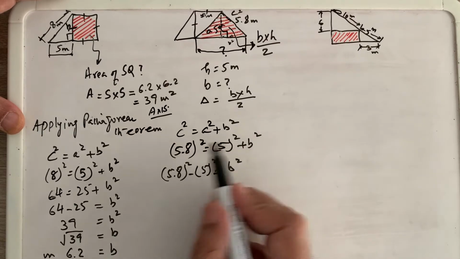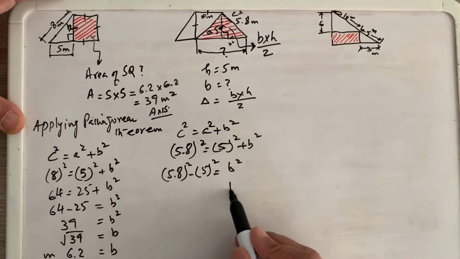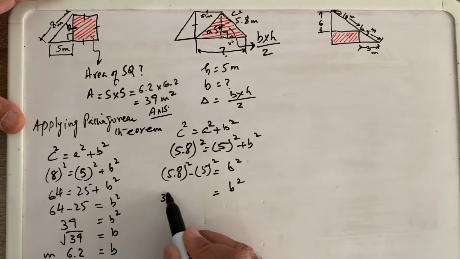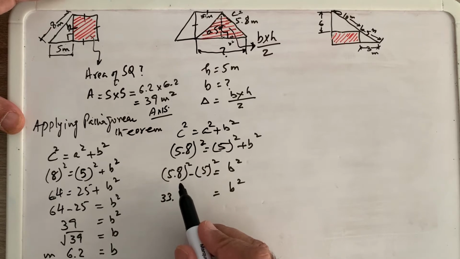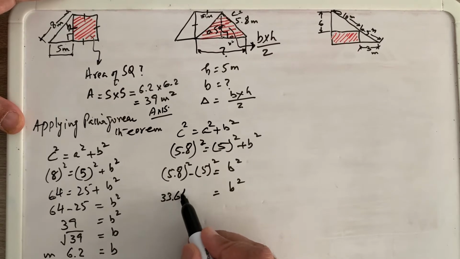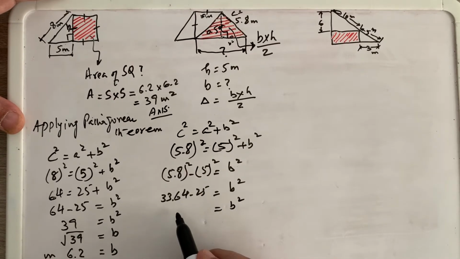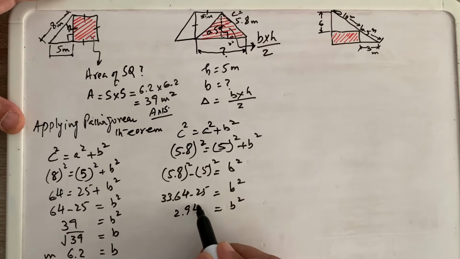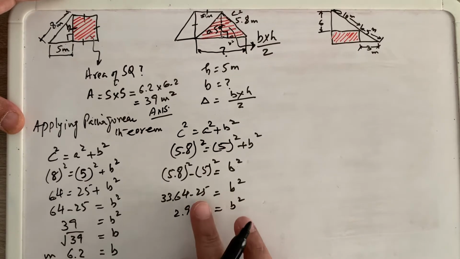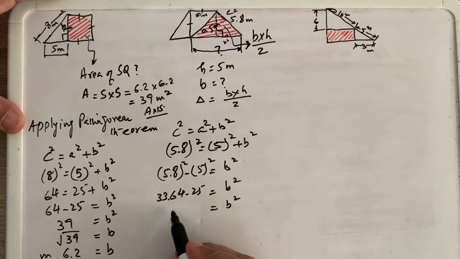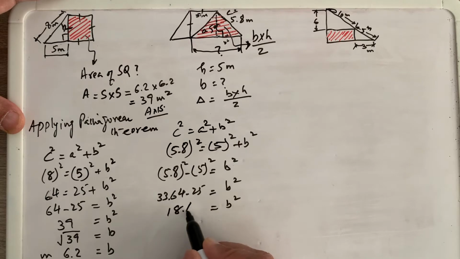So we shift this over to the other side of the equation, so we change the sign to minus. And we take the square root. 5.8 whole square is 33.64, you can do it by calculator. 33.64 minus 25, and if you subtract these two terms, you will get 8.64.